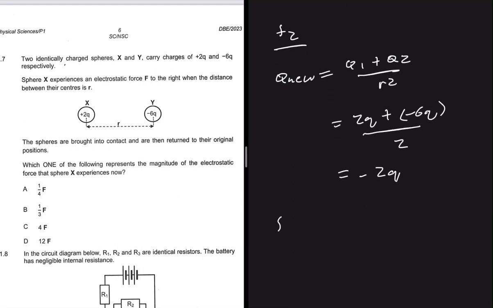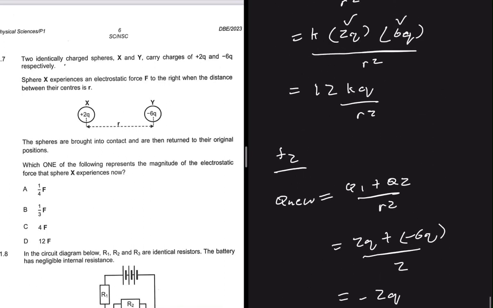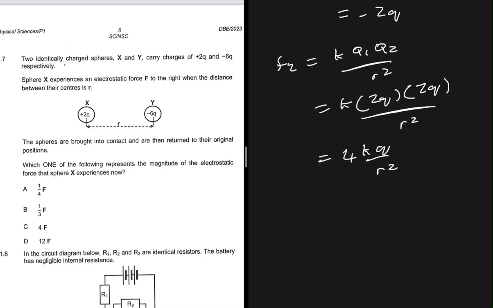So now we can say that F2 will be equal to kQ1Q2 divided by r squared. k is a constant, Q1 is 2q, Q2 is also 2q, divided by r squared. So q multiplied by 2, that is 4kq divided by r squared. Let me show you something. F1 is 12kq divided by r squared, and F2 is 4kq divided by r squared.